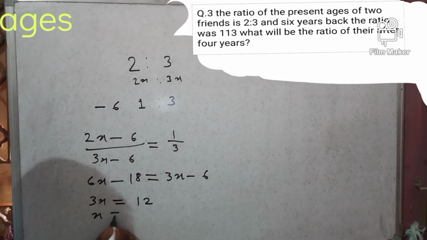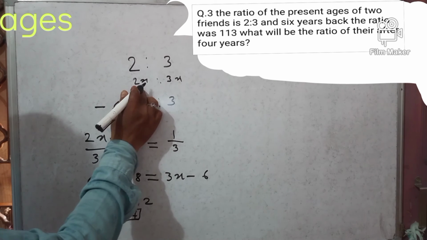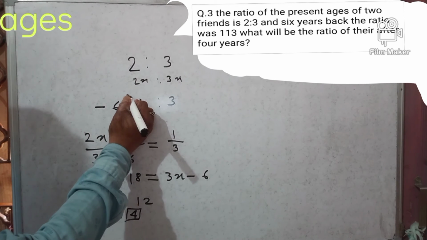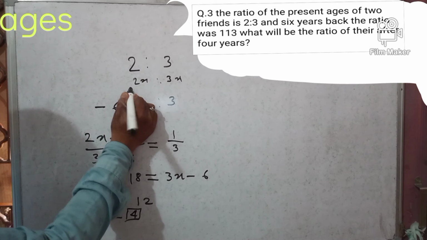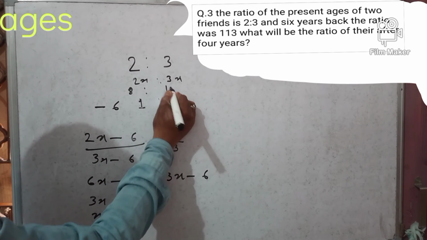So x is equal to 4. Present ratio is 2x, so the present age will be 4 times 2 is 8, right? And 4 times 3 is 12.